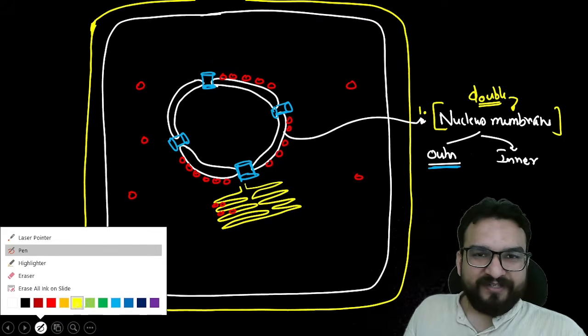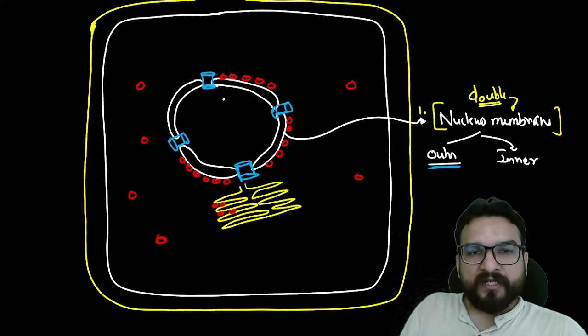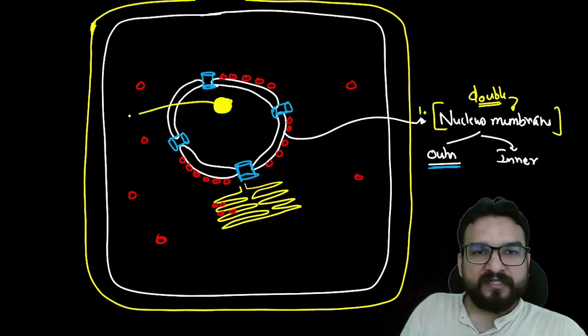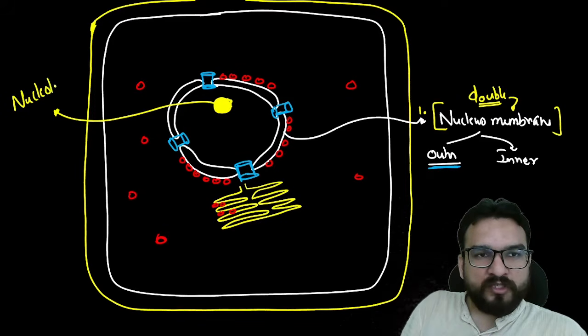Now when I go inside, I find one type of condensed material like this. This condensed material, I have told you, inside the nucleus, is the nucleolus. Nucleolus, very important. The major role of the nucleolus is to build rRNA.